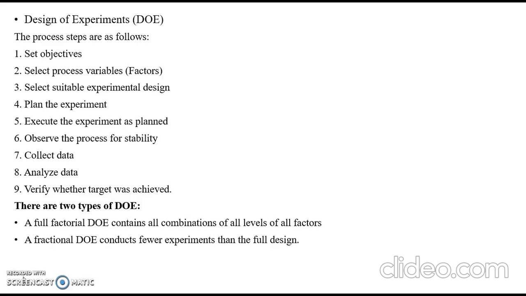Next, the third process is to select the suitable experimental design. Before selecting the experimental design, it is necessary to understand the experimental space of the variables in the study. Most of the experiments are carried out on continuous variables, and this shows an experimental space where the experiment has to take place.